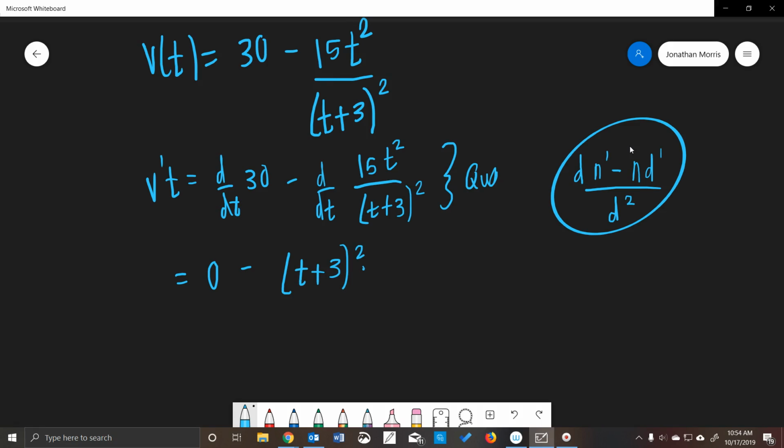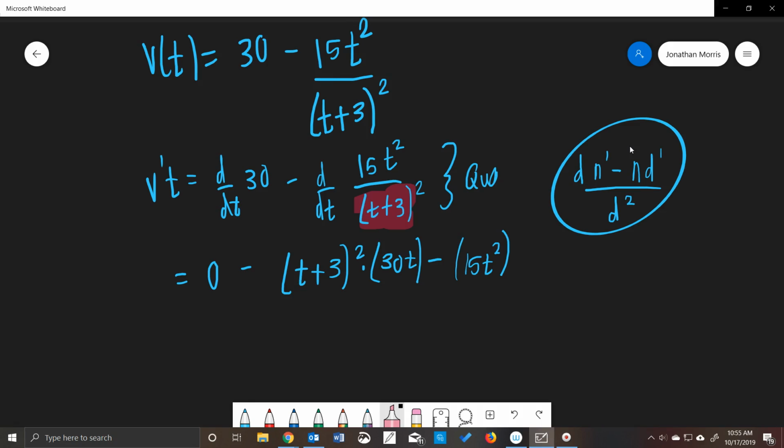And when you multiply that by the derivative of the numerator, the derivative of the numerator is 30t. And then, moving right along, it says to write the original numerator down, so 15t squared, and multiply it by the derivative of this denominator right here.